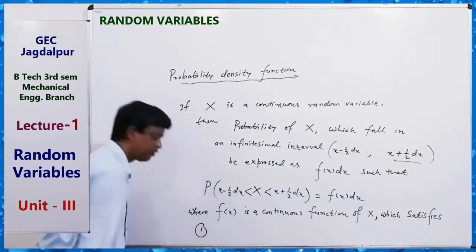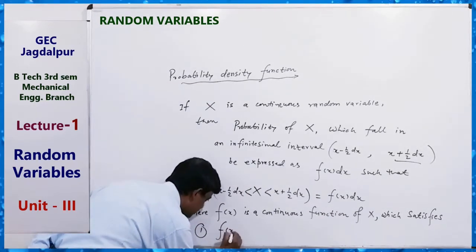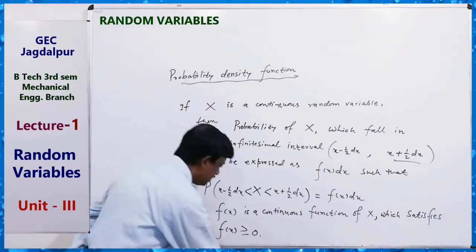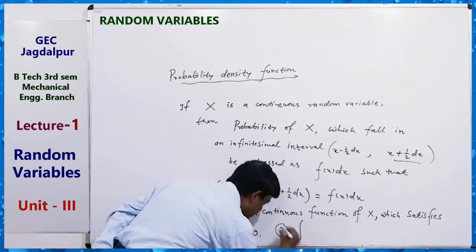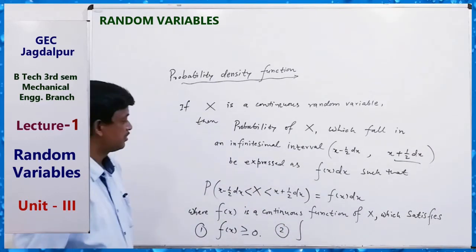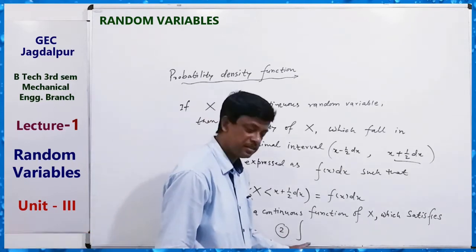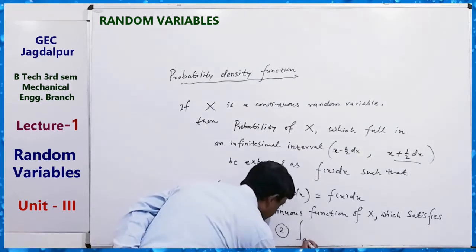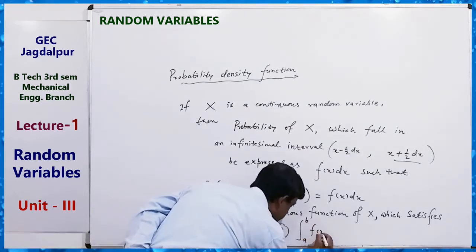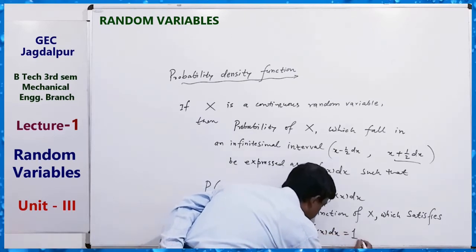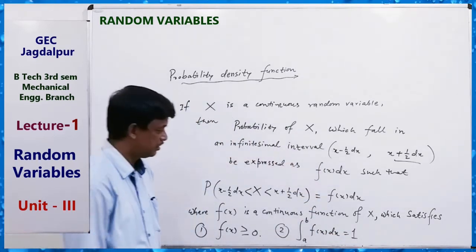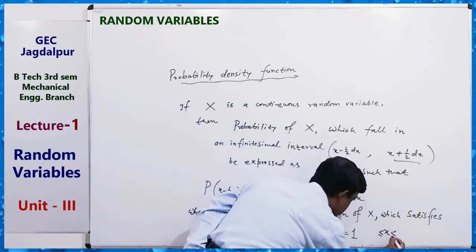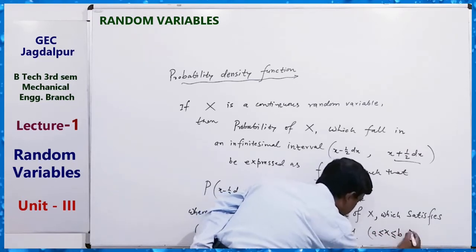First, f(x) is greater than or equal to 0. Second, because it takes values in an interval, the integral from a to b of f(x) dx equals 1, where x lies between a and b. Clear?